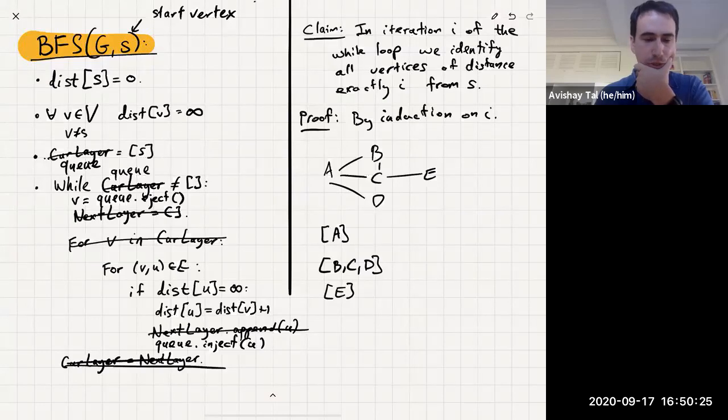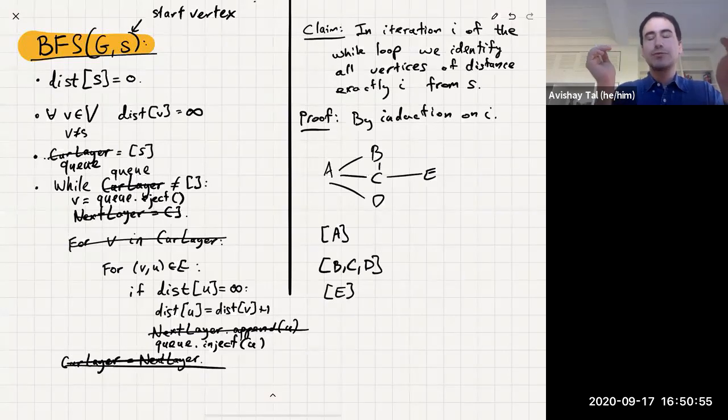I don't know if I want to say push and pop because this is a queue. A queue is first in, first out, and a stack is last in, first out. If you think about it, that's the main difference between BFS and DFS. In both algorithms, every time we're picking a vertex and looking at all its neighbors.